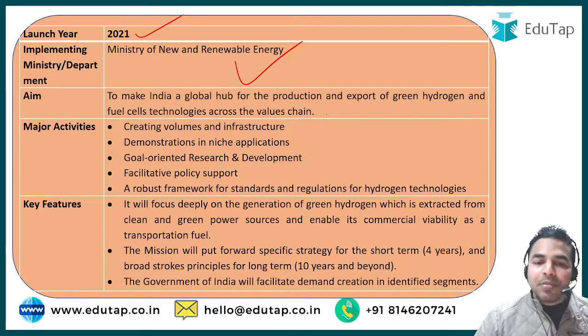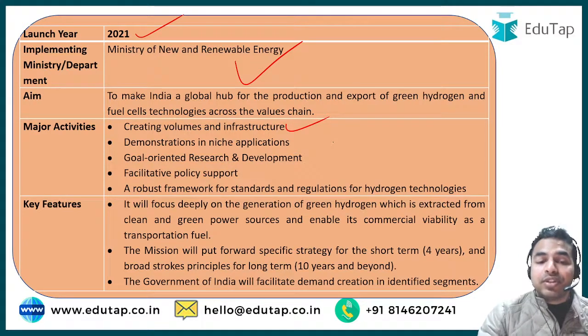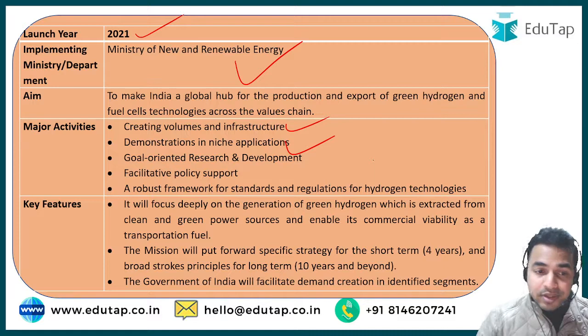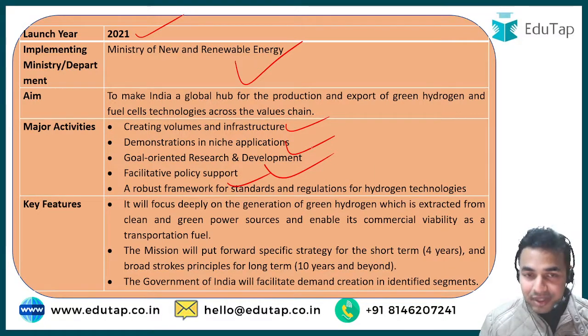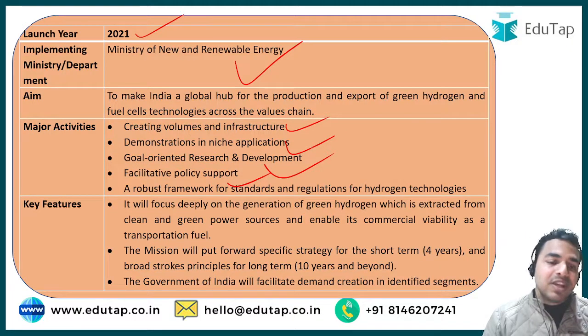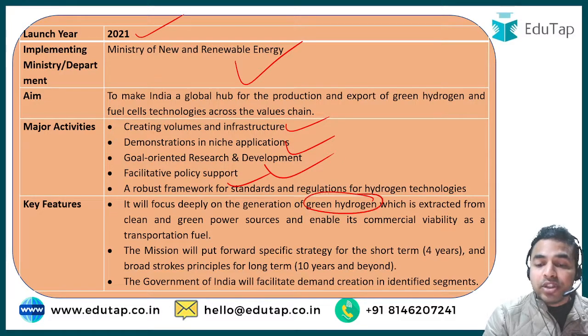Now the major activities which will be undertaken under this mission are creating volumes and infrastructure, demonstrations in niche applications, goal oriented research and development, and facilitative policy support. And when we talk about the key features of this scheme, this mission is really going to focus deeply on the generation of green hydrogen.